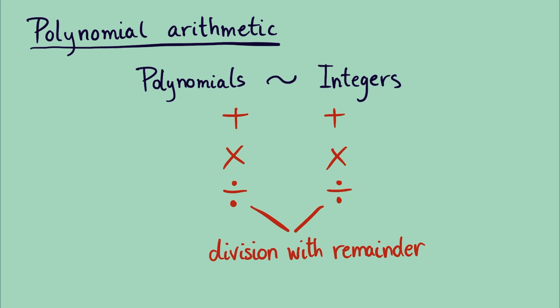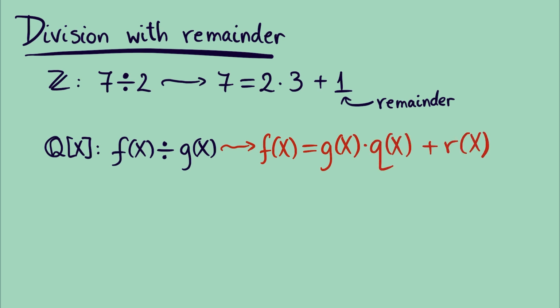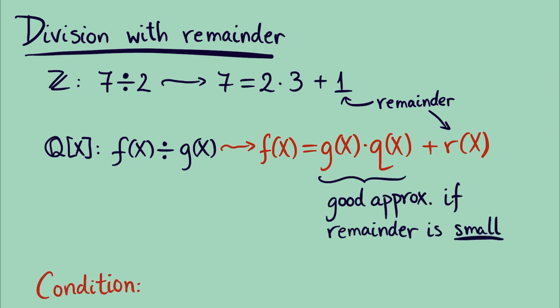Just like in the case of numbers, recall that if f and g are two polynomials with, say, rational coefficients, then we can write f as a product of g and another polynomial q, the quotient, but the division might leave a remainder. To make this a good approximation to f by a polynomial multiple of g, the remainder, which you can think of as the error in our approximation, should be as small as possible.